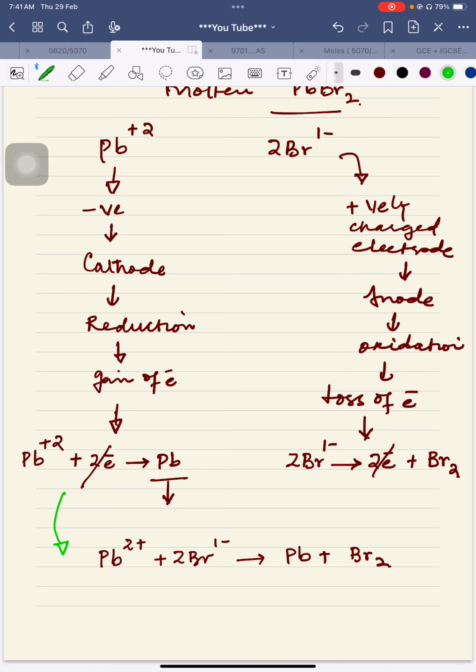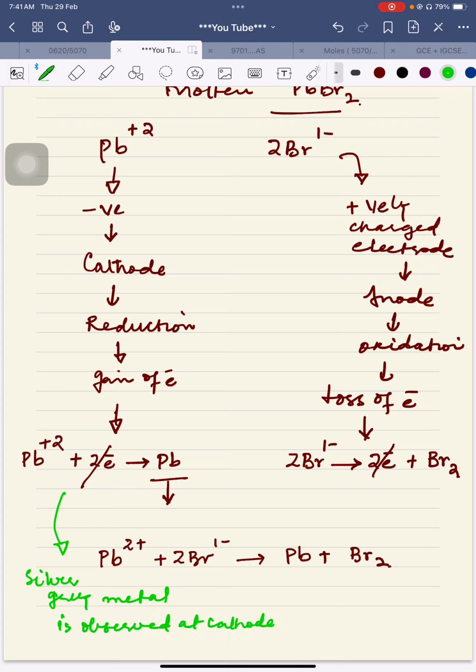Every metal has silver gray color except for the copper, which is pink, red, or brown in color, and the gold, which is golden in color. Rest of all metals you are going to write like this. So what you are going to write: silver gray metal deposited, metal is observed at cathode.